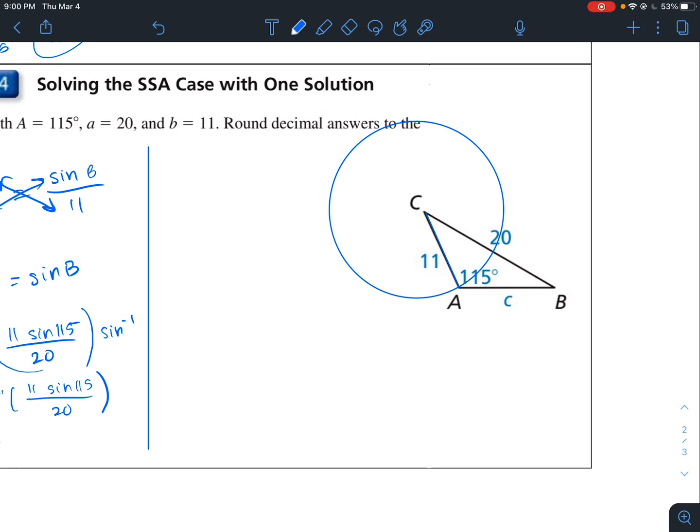If I were to try and make another triangle, it wouldn't work. So that's why I only have one solution.